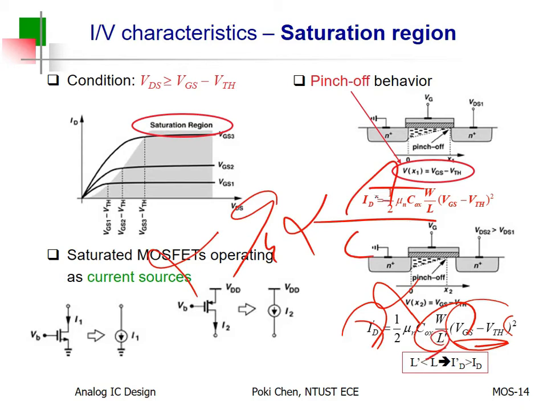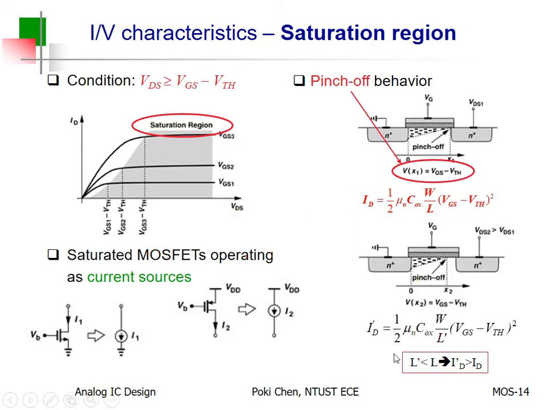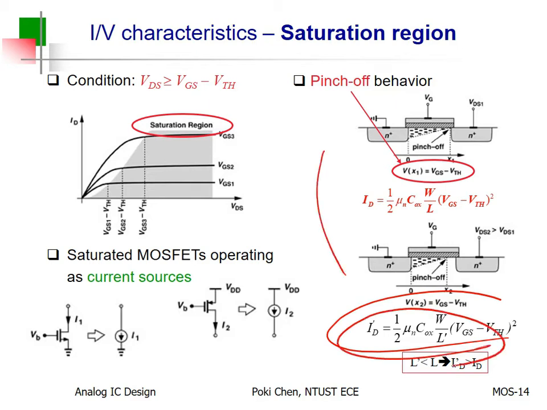Here is the length, and for the area, you have the width. Congratulations. If you would like to know how to derive the equation exactly, no worries, please go back to read your microelectronics. It is derived there already. But usually for students, after derivation, they achieve this equation, then get lost. What is it for? What is the meaning of this?